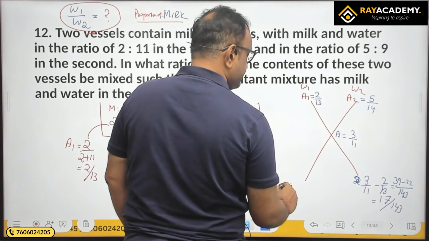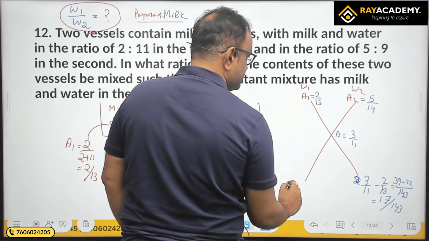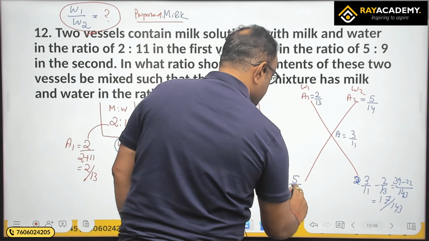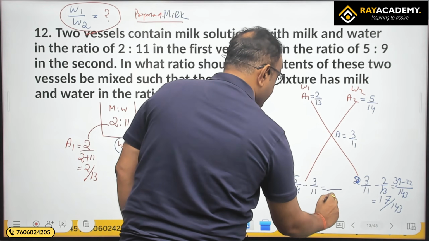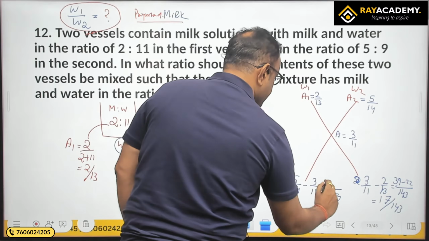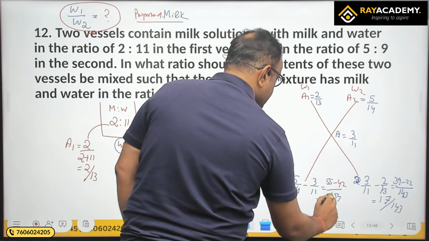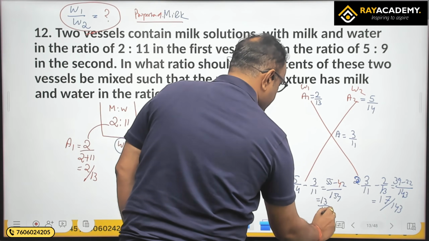And along this line, 5 by 14 minus 3 by 11. So this is 154 and this is 55 minus 42. So that is 13. Yes, 13 by 154.